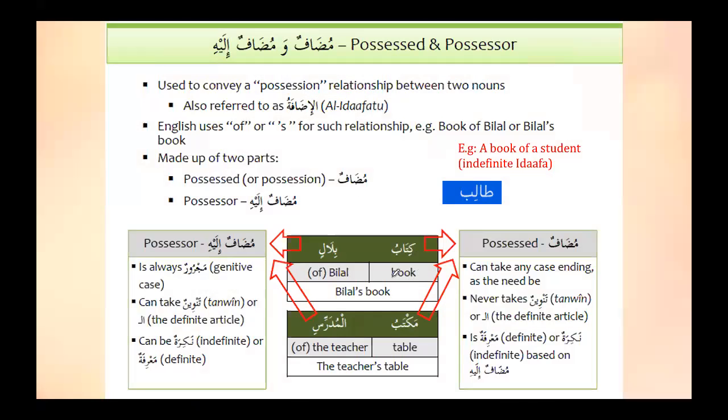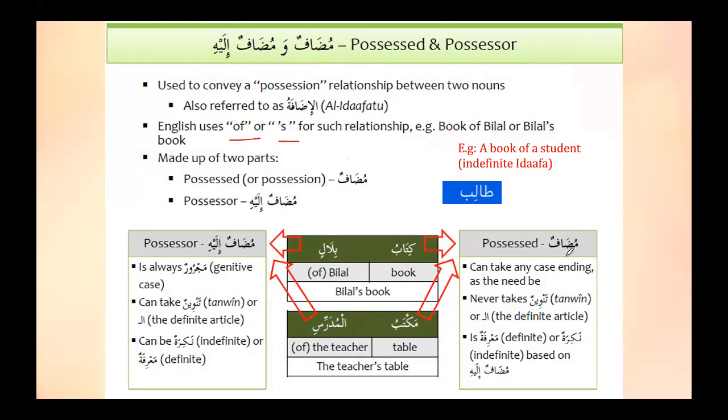Now, again, let's look at it as another review slide. So mudaf and mudaf ilayhi. We talked about these two terms, mudaf, first term, and mudaf ilayhi. Shows the possessive of or s construction. So kitabu bilalin.